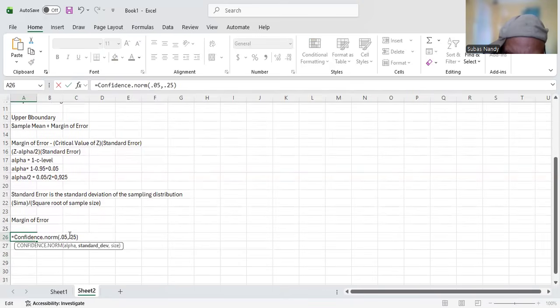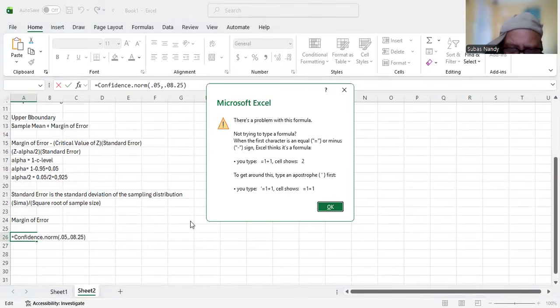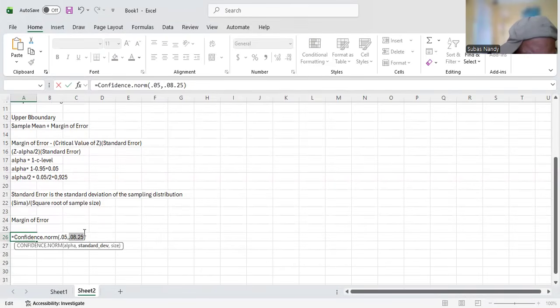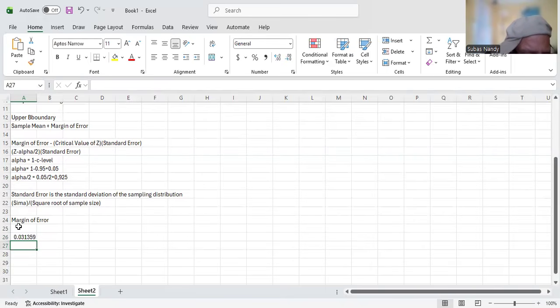Let me clarify this and write it correctly. 0.08 is the standard deviation, comma, sample size is 25. Okay, so what did I do?